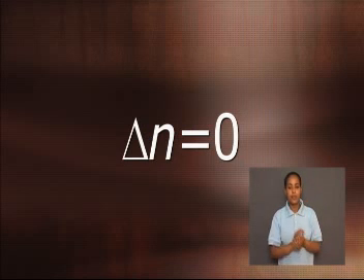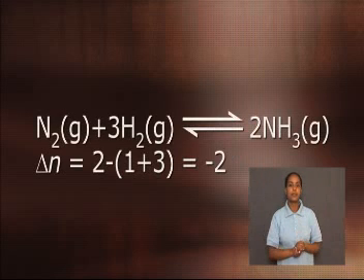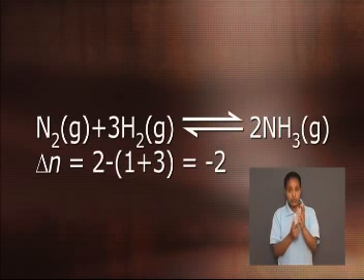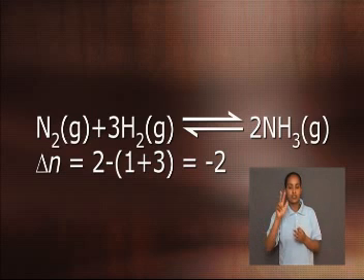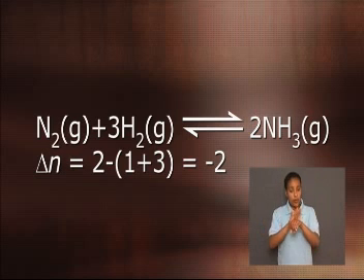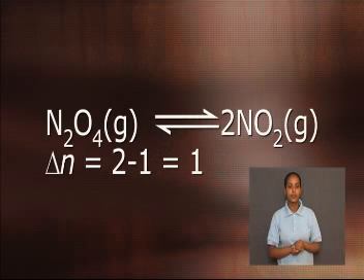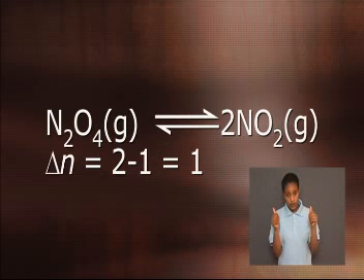Let us look at an example. This equation shows the formation of ammonia. Therefore, an increase in pressure at equilibrium will favor the forward reaction. This equation shows the dissociation of dinitrogen tetroxide.